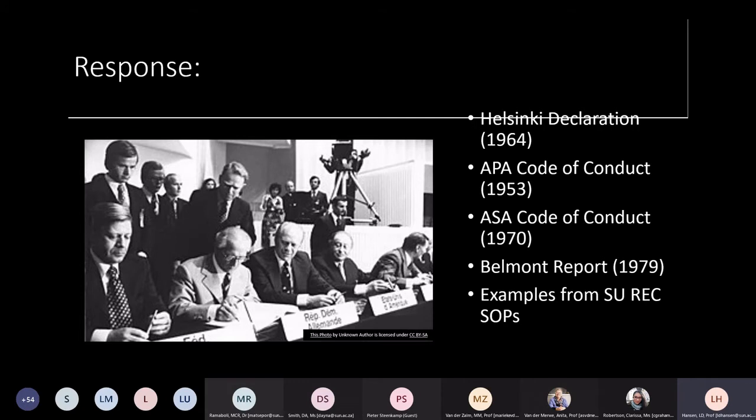For instance, the APA code gives 5 general principles and 10 ethical standards that are to a large degree in line with what has already been said regarding the requirements for ethical research.